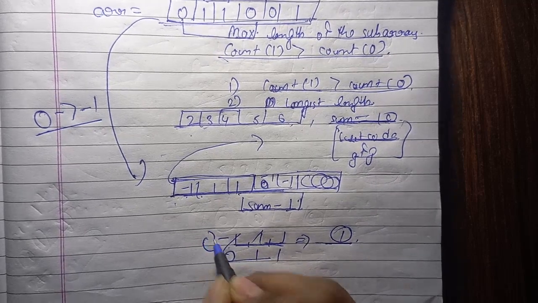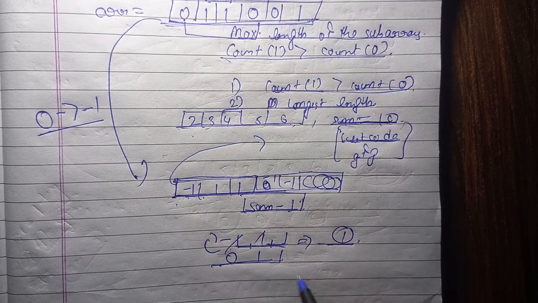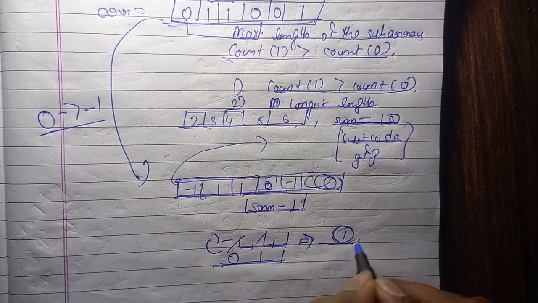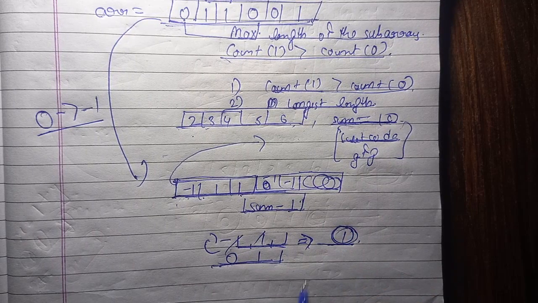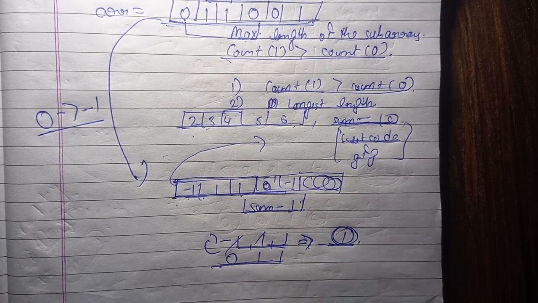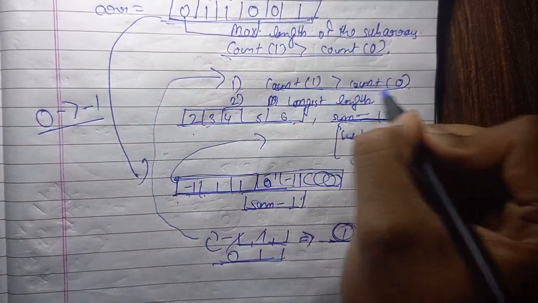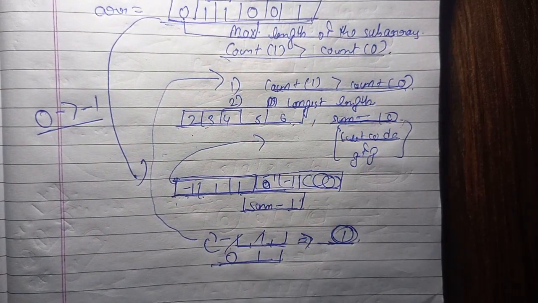This is my updated array, but what is actually given to us is this. And I'm saying now, if there is any subarray whose sum equals 1, that will satisfy my condition, that is, the count of 1 should be greater than the count of 0. Hope you are getting this point.